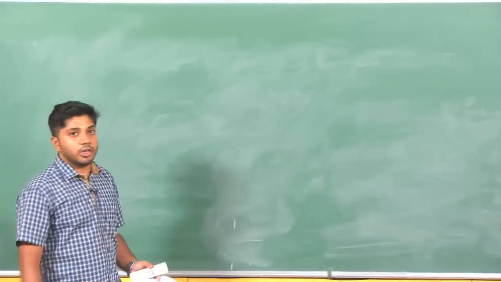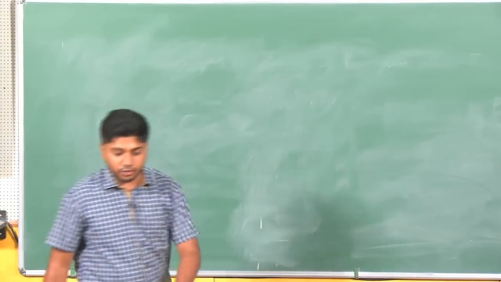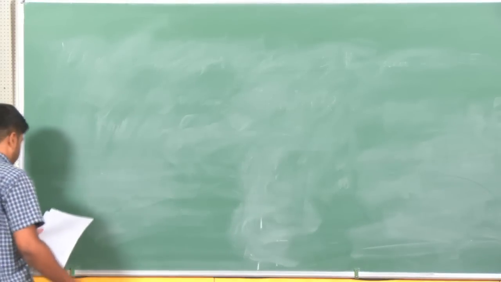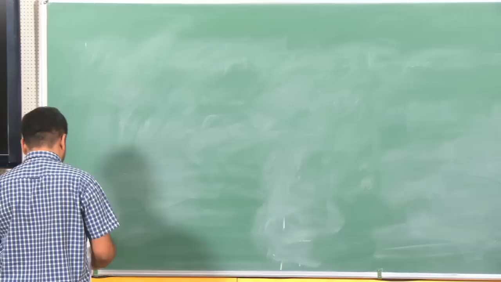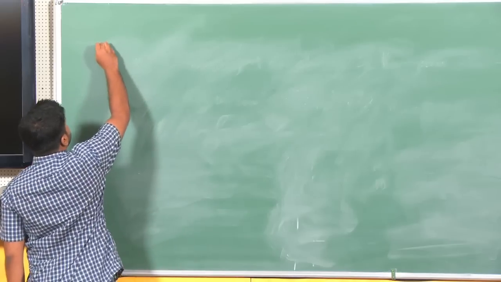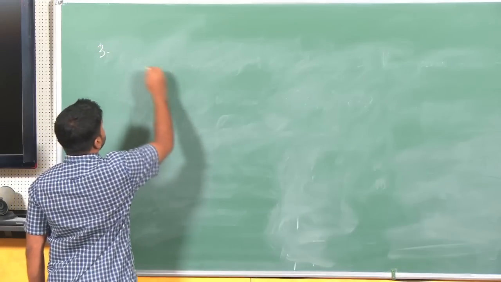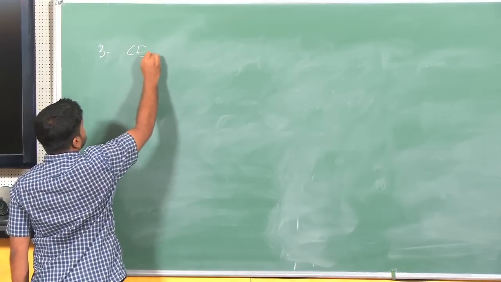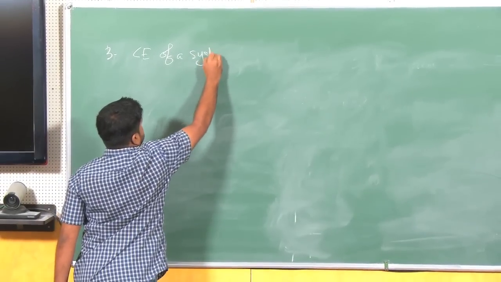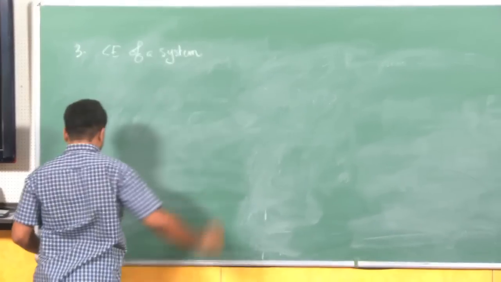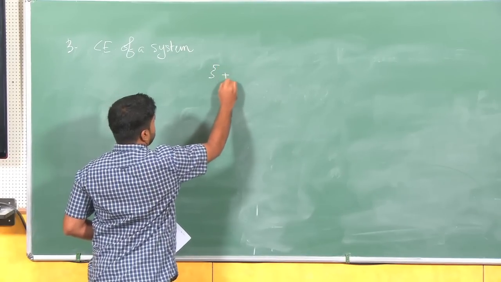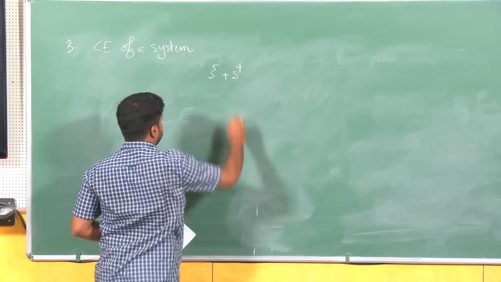Now, we solve a problem where the first element of a row is 0. Let us consider the characteristic equation of a system, s to the power 5 plus s to the power 4.